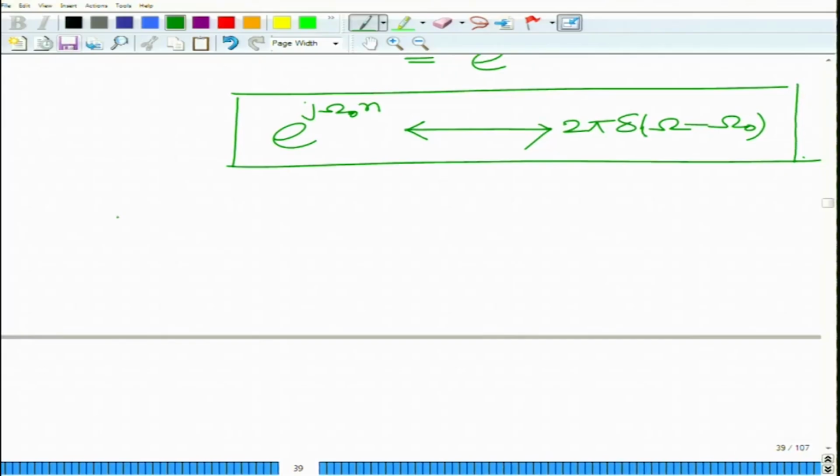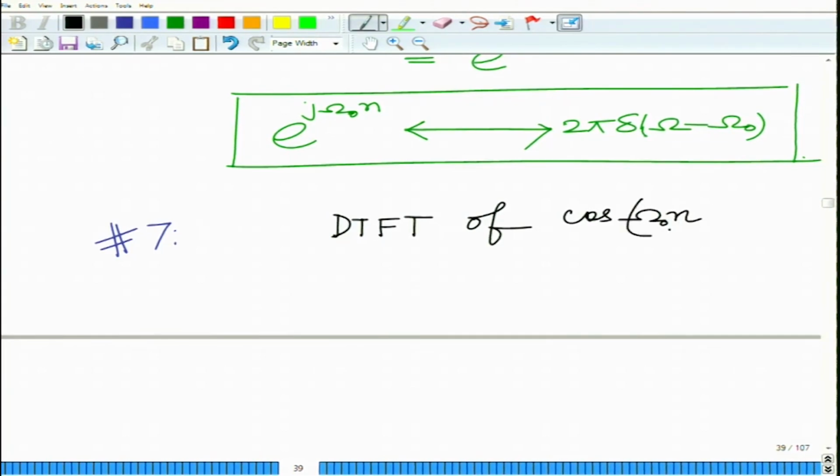All right. Now, let us apply this result to compute the DTFT, discrete time Fourier transform, of cosine omega naught n.